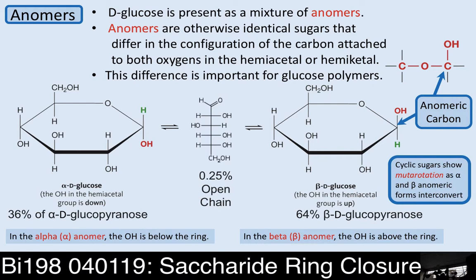If you notice here in these two sugar molecules, let me get all the bonds oriented just the same for you. So both of these are glucose, but they look a little different, don't they?